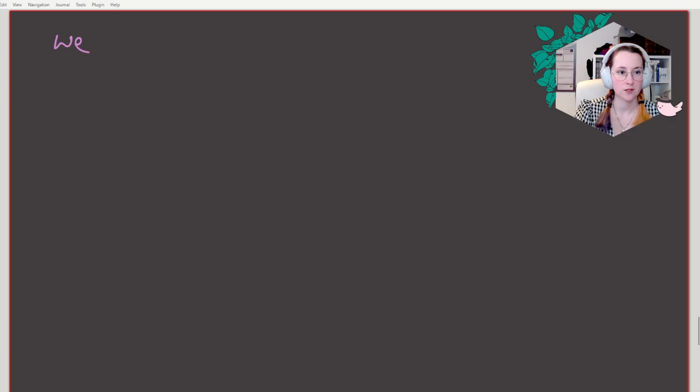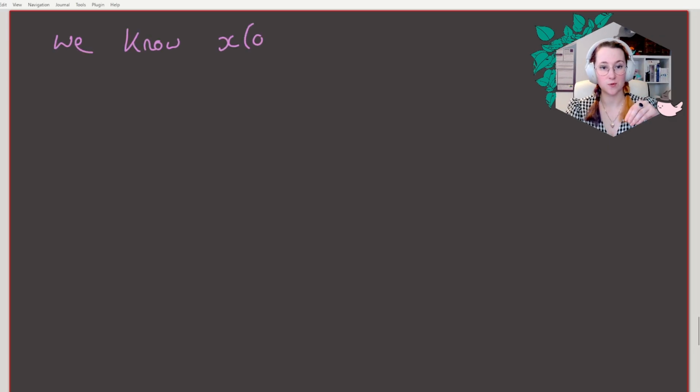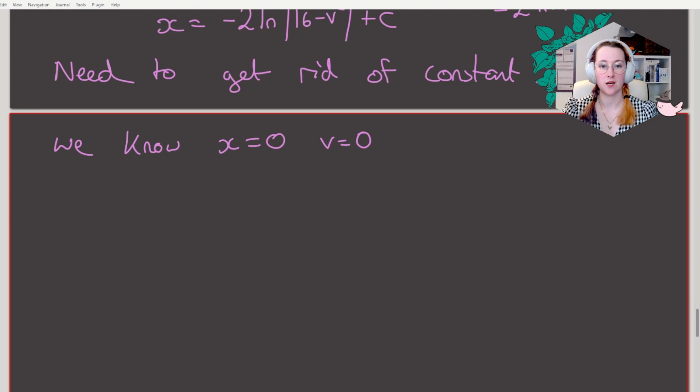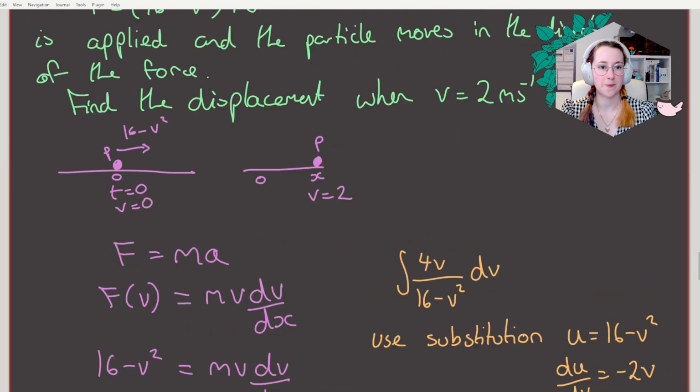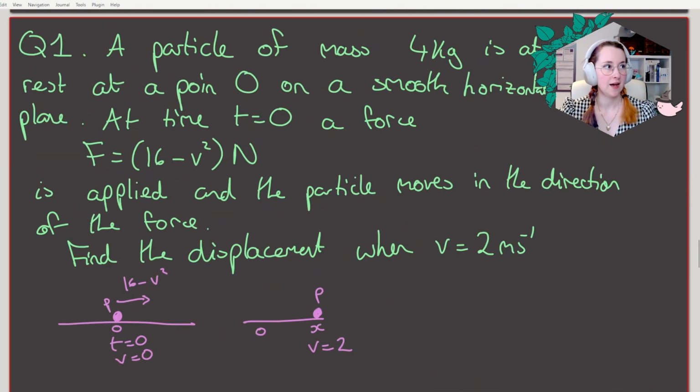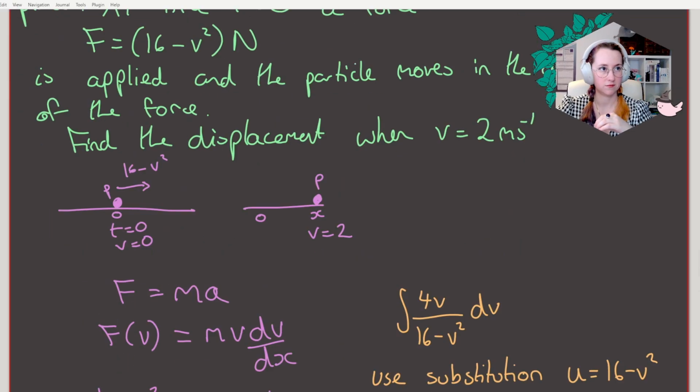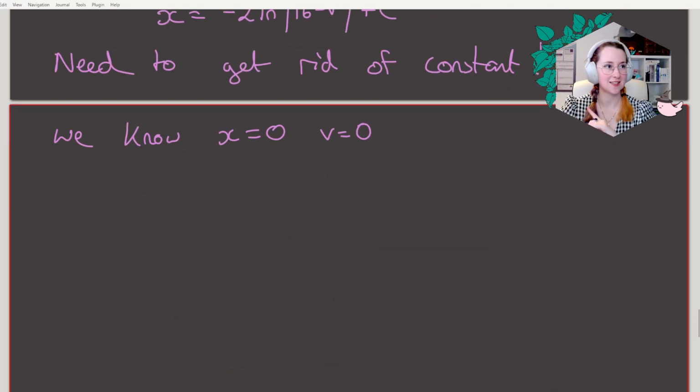So we know that initially, when x was 0, v was also equal 0. Remember, because it said at rest, at a point 0. So we define where it was at rest, so before it was hit, to be our start. So that gives us x is 0 when v equals 0.